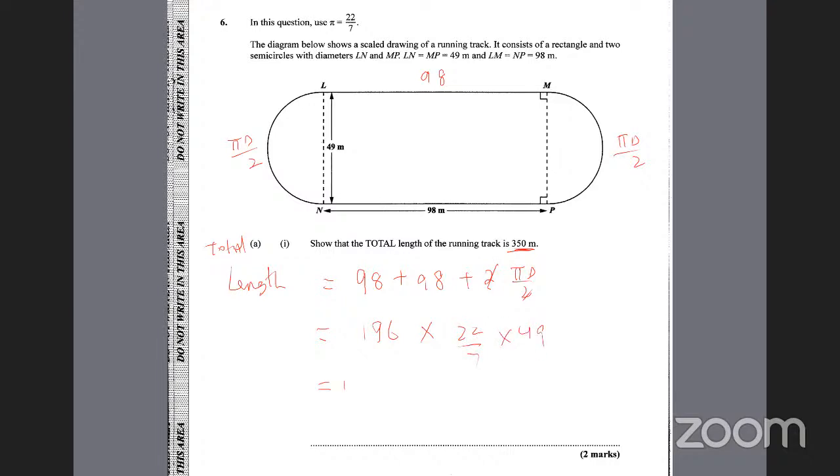So this is 196 plus, as a plus sign, 7 into 49 is 7. So that's 22 by 7 that I have to add. So that's about 154 when I add it there, 350 meters.